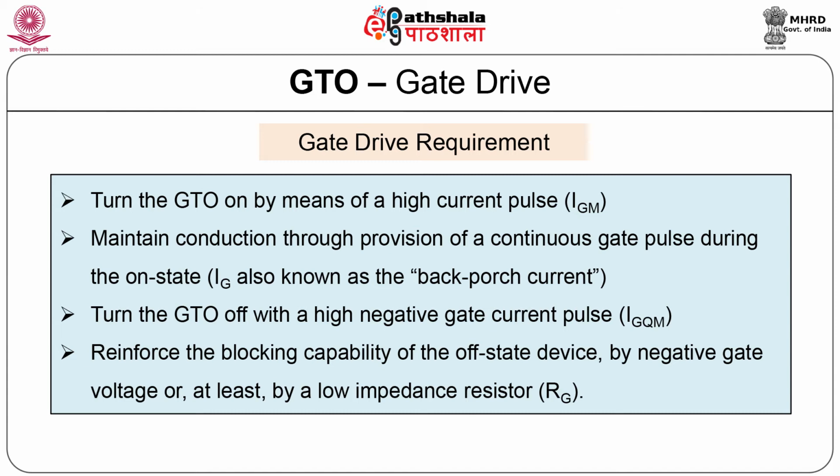Initial turn off is fast, but after some current there will be a tail current, which is long. That is why the effective turn off time of the GTO is higher, which limits the high frequency operation of the GTO. These are the parameters shown of the GTO turn off characteristics.